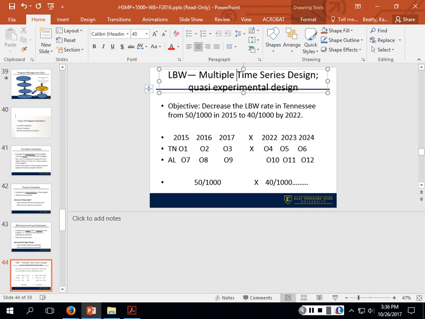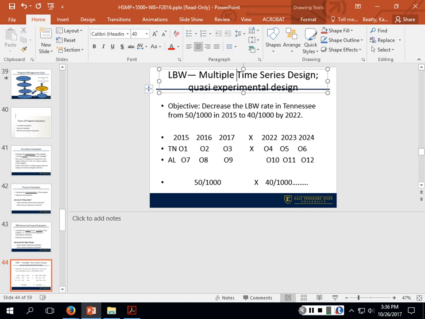Okay, unless that condition is met, we cannot call a design an experimental design. The only true experimental design is where the control group is established by random allocation.